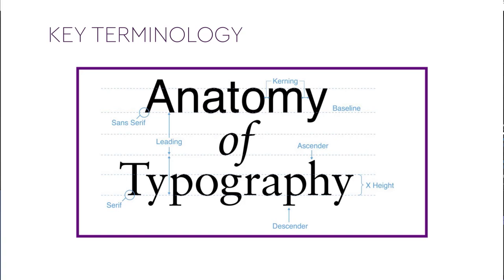Now the first terminology I want us to learn here is called serif. Serif is a short line, as you can see there. It is a short line added at the beginning of a stroke or at the ending of a stroke. The one we have is the one at the T there.